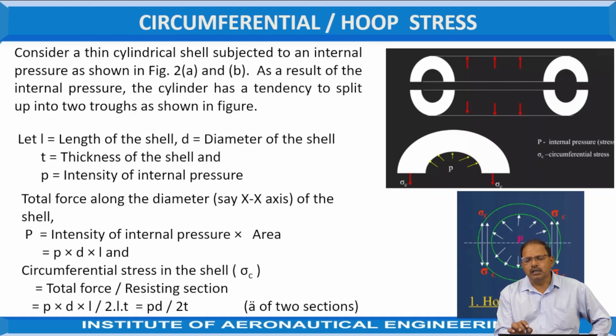These stresses act almost tangent to the circumference, hence the cylinder splits into two parts, as shown in the figure. Because of this effect, it splits into two. We have to calculate the maximum stress that can be induced in it before failing.